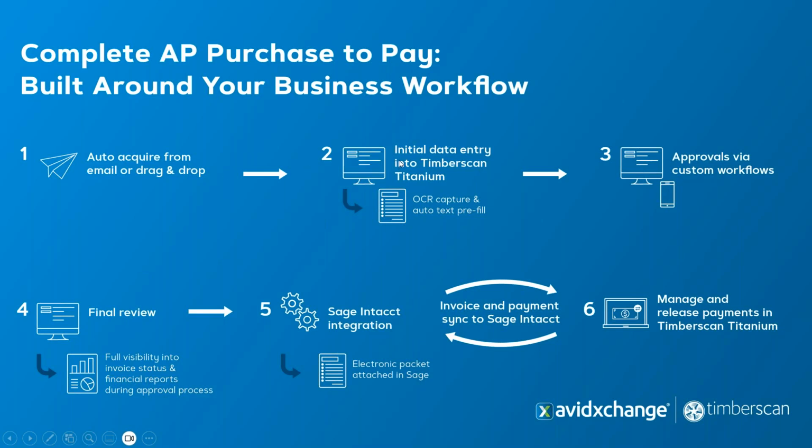Once the invoices get acquired, they go to initial data entry. So what we're talking about here is we're not sending them off to the approver and having them hand code information and send it back to accounting. It starts in AP. That doesn't mean that the invoice has to be fully coded in order to send it off to the approvers, but it means that we're going to at least have some of the basic information: the vendor number, the invoice number, the date, the amount, perhaps what project it's associated with, and then it's going to get sent off.